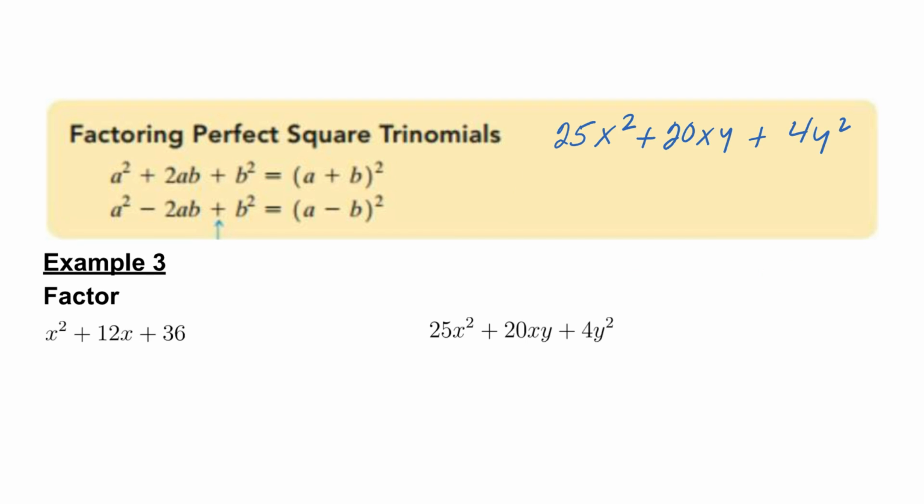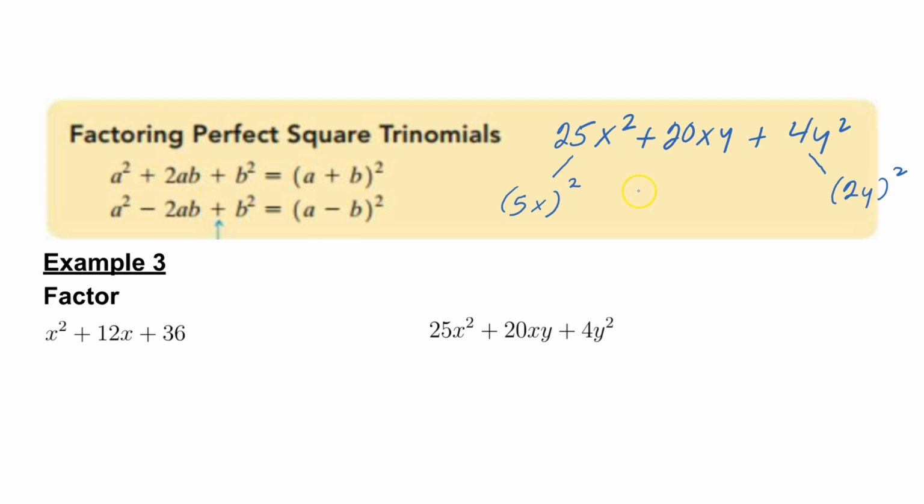We're going to check if this is a perfect square trinomial. We need to look at the first term and see if there's something that you can square to get 25x squared. And then you also have to tell me the last term. Is there something that you can square to get 4y squared? In this case, we have 5 squared is 25, x squared is x squared, 2 squared is 4, and then we have y squared.